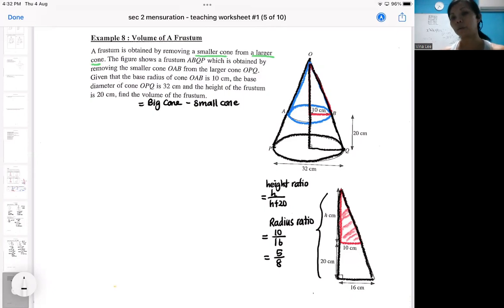And if you still remember, because of similar triangles, the ratios are the same. So this ratio will be the same. So you actually need to use similar triangles so that you can find the height of the respective cone.